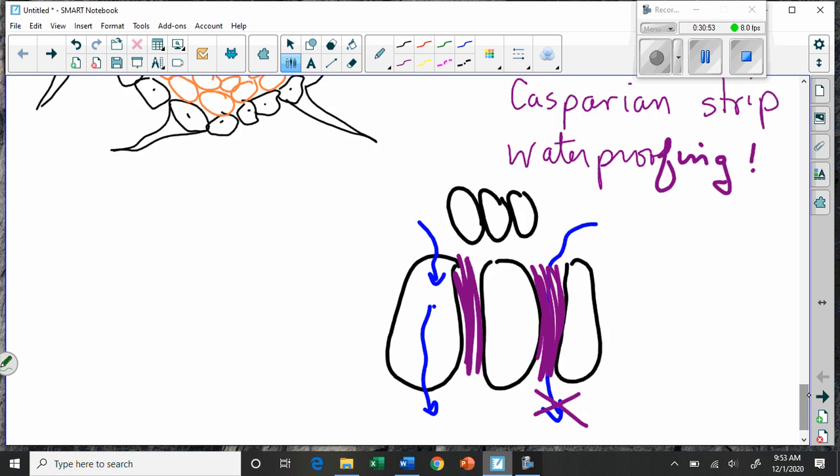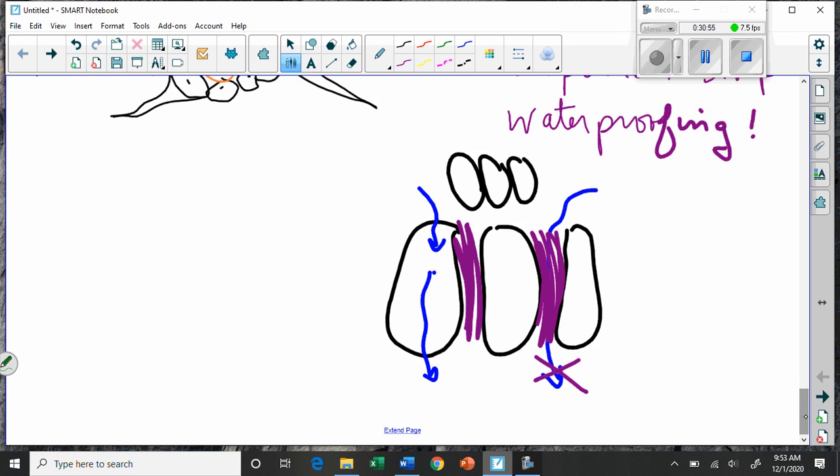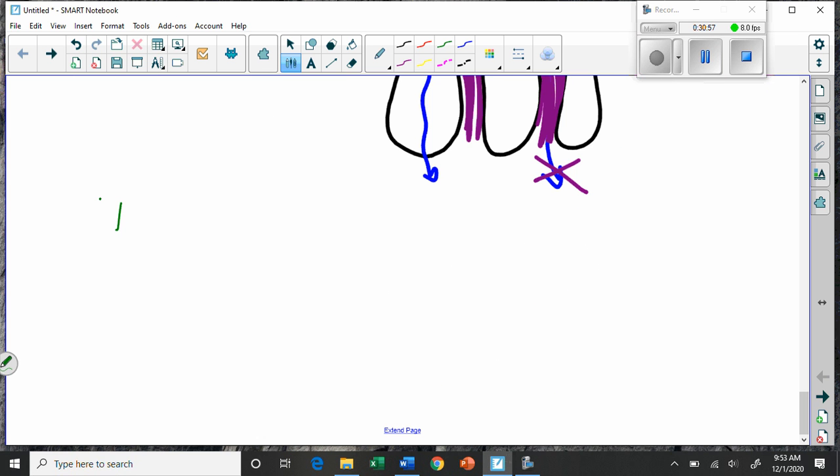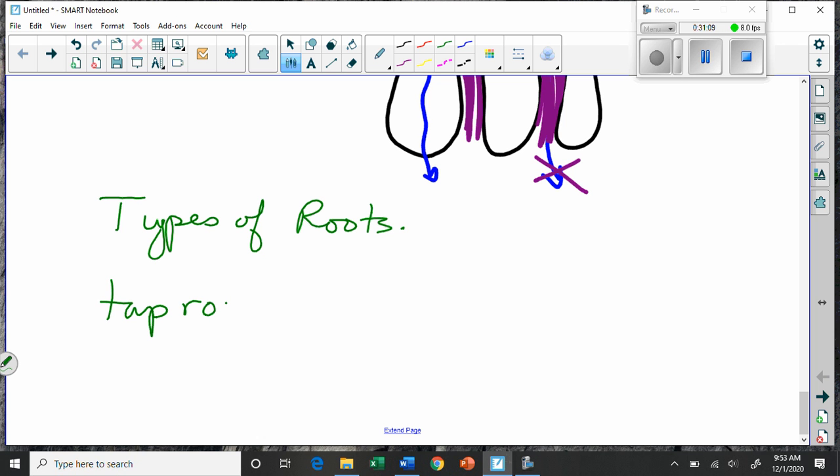We should mention that there's two different types of roots. There's typically what we call a tap root. And a tap root is usually a very thick root.